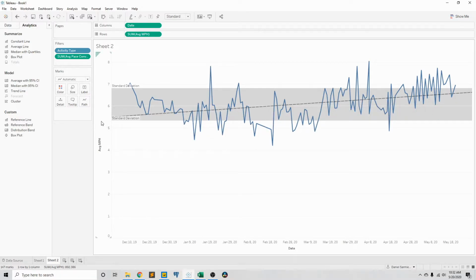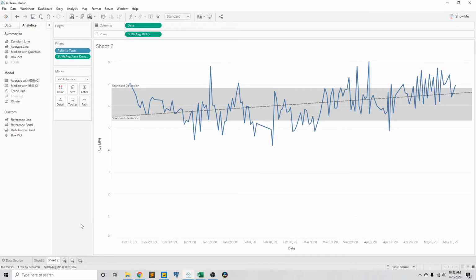The improvement that I've seen over this time period has been 2 standard deviations, half a mile being one standard deviation of change, which is pretty significant if I'm considering the big picture of how you get faster.